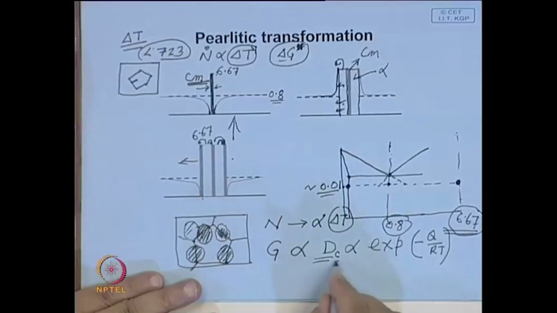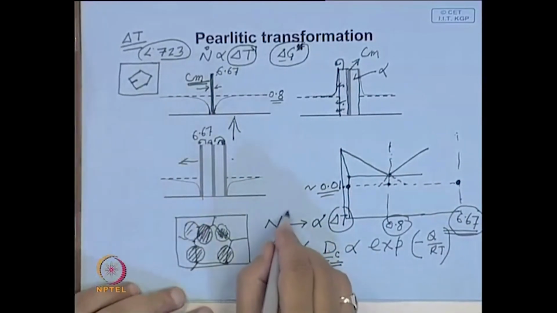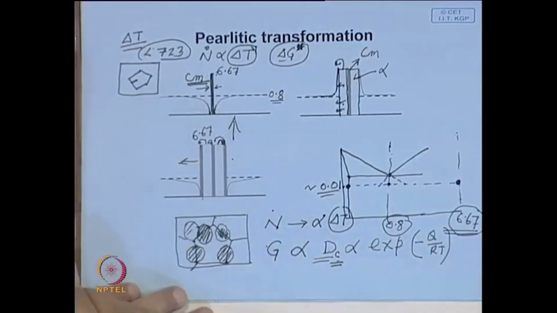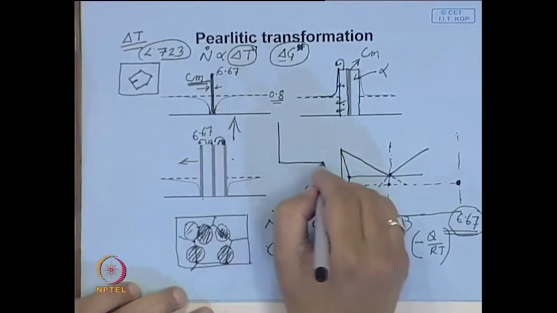So, this will depend on the diffusivity of carbon atom, which diffuses much faster, an interstitial atom can diffuse much faster. So, this growth will be primarily determined by the diffusivity of carbon atom, and as the temperature goes down, growth becomes slower. So, that is why there is an optimum combination of nucleation and growth where the reaction is fastest, and that happens near the nose of the TTT diagram.